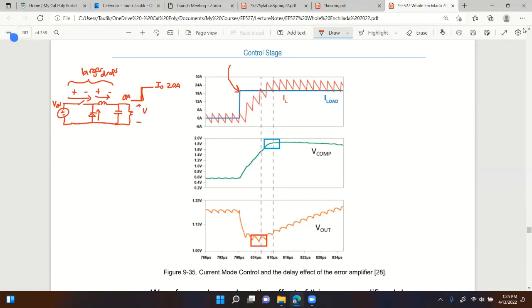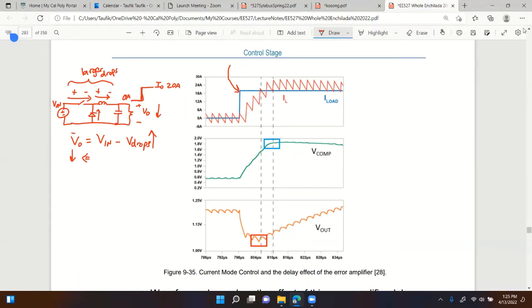By KVL, the output voltage drops. So Vout is equal to Vin minus the voltage drops. Bigger current means a bigger voltage drop for the same Vin.